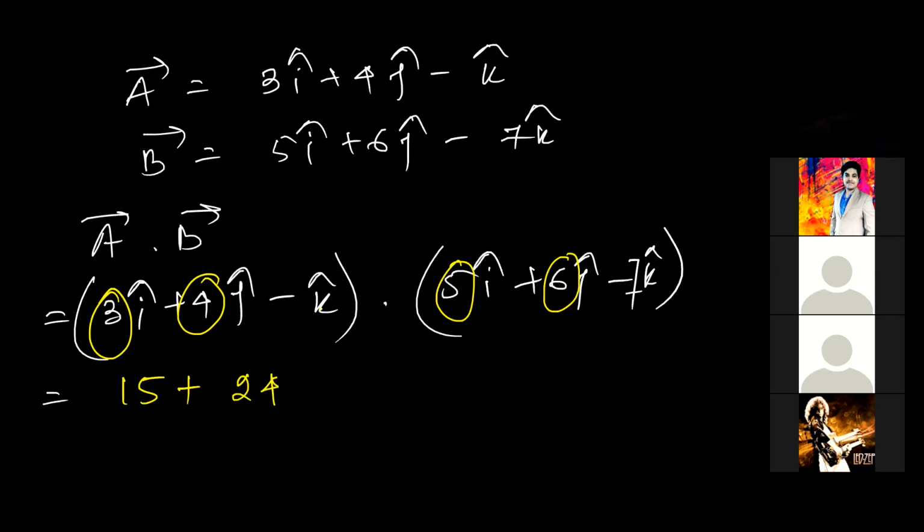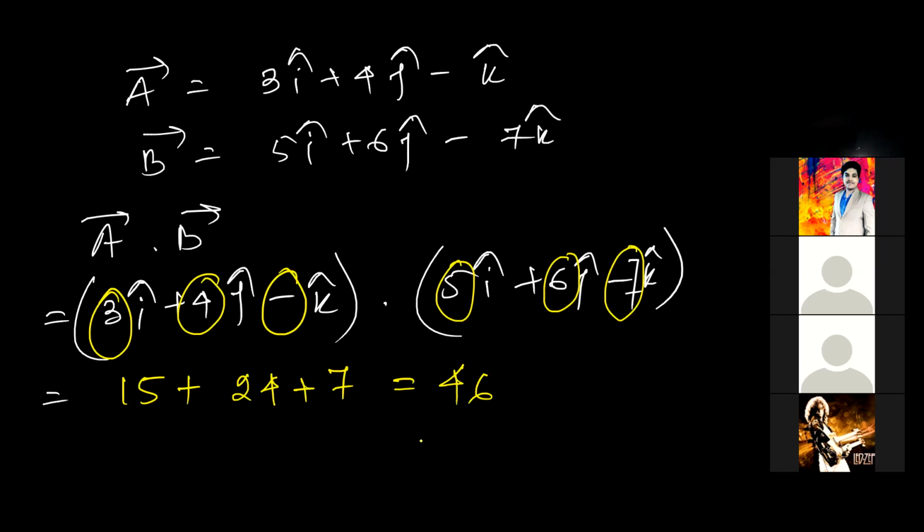Now multiply the component of k cap of one vector with the component of k cap of the other vector. So it is minus 1 multiplied by minus 7, which is plus 7. Tell me how much I'm getting. 46, sir. 46. Very good.